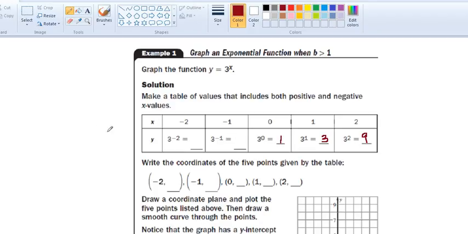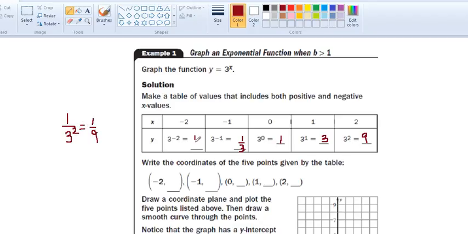3 to the negative 1 power, we got to go back to what we knew earlier from previous sections. That's the same as 1 over 3 to the first power, which is 1/3. And then, I'm sorry, this one was 3 to the negative second power, so that's 1 over 3 to the second power, which is 1/9.